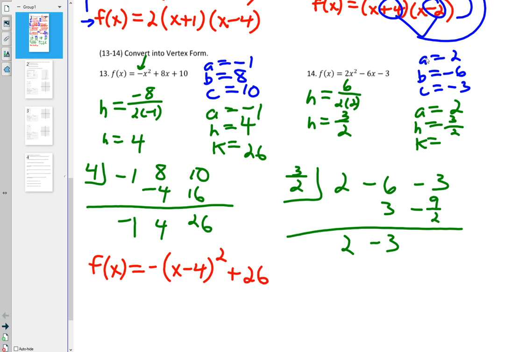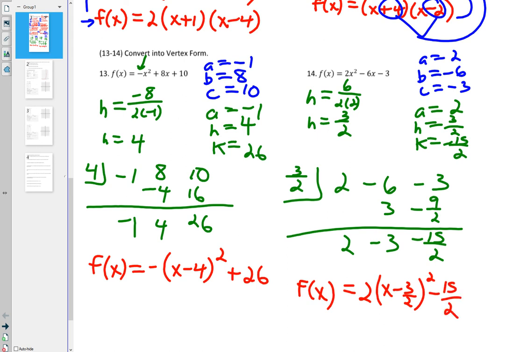I can do it on the paper if you want, but in my head, I'm getting negative 15 over 2. I'm guessing you guys wouldn't do it in your head, but you can do it on the calculator. So, f of x ends up being 2, stay the same, x minus 3 over 2 squared minus 15 over 2. That was a tough one.